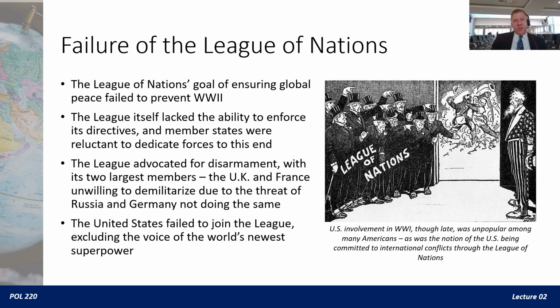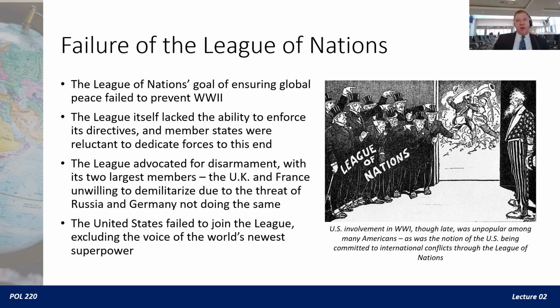As I mentioned, the League of Nations existed from 1920 to really the start of World War II here. And the primary goal of the League of Nations was to ensure that there was never another major European land conflict. Well, clearly they failed, because World War II occurred. And so this was really the beginning of the end for the League of Nations.